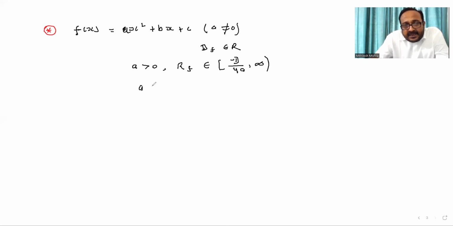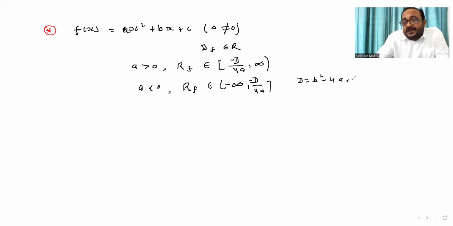And if a is negative, then range becomes minus infinity to -D/4a, where D is the discriminant b² - 4ac from quadratic equation. Right? You are well familiar with this one from quadratic equation.